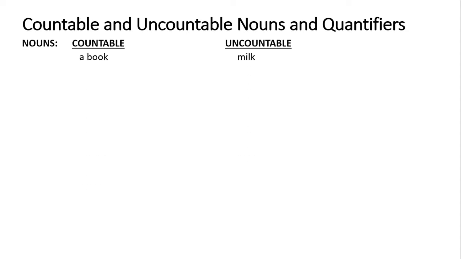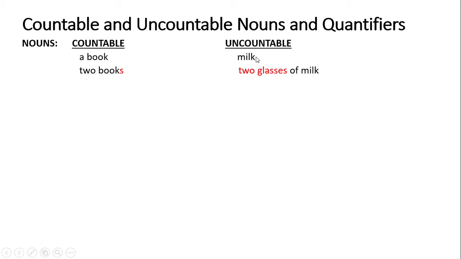If I use one countable noun, for example, a book, I can write the plural of it. I only put the number in front of the noun and add s for plural, and then I know how many books I have. But when we are talking about uncountable nouns, I took milk, for example.